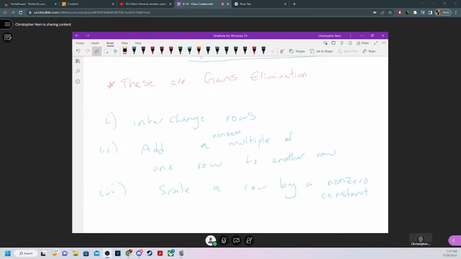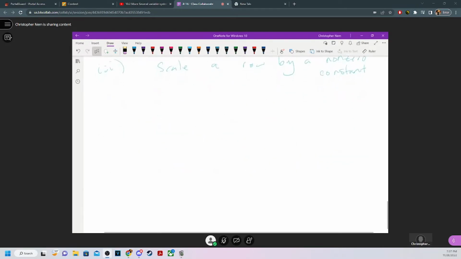Let's try out this one: turn the system into row echelon form.